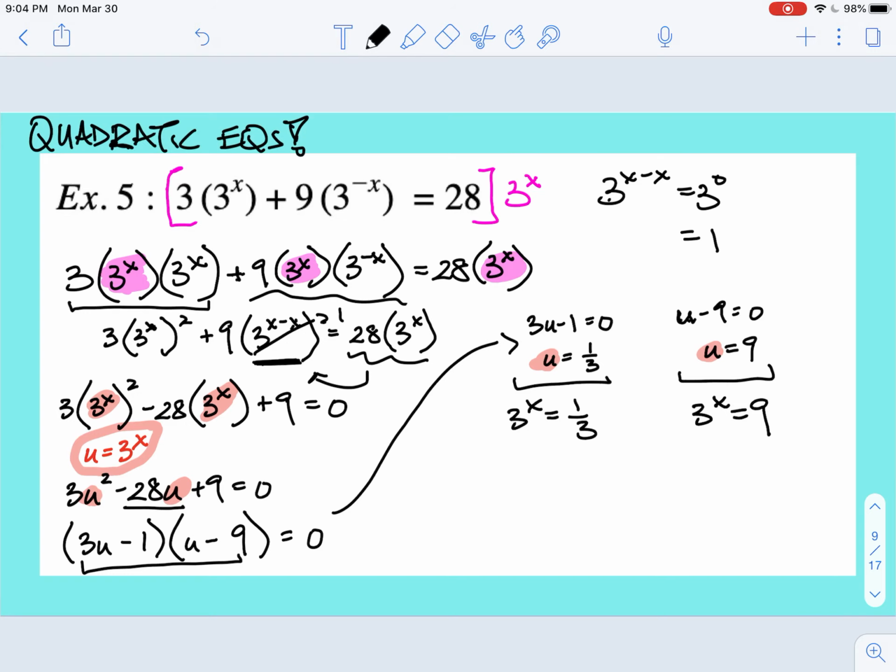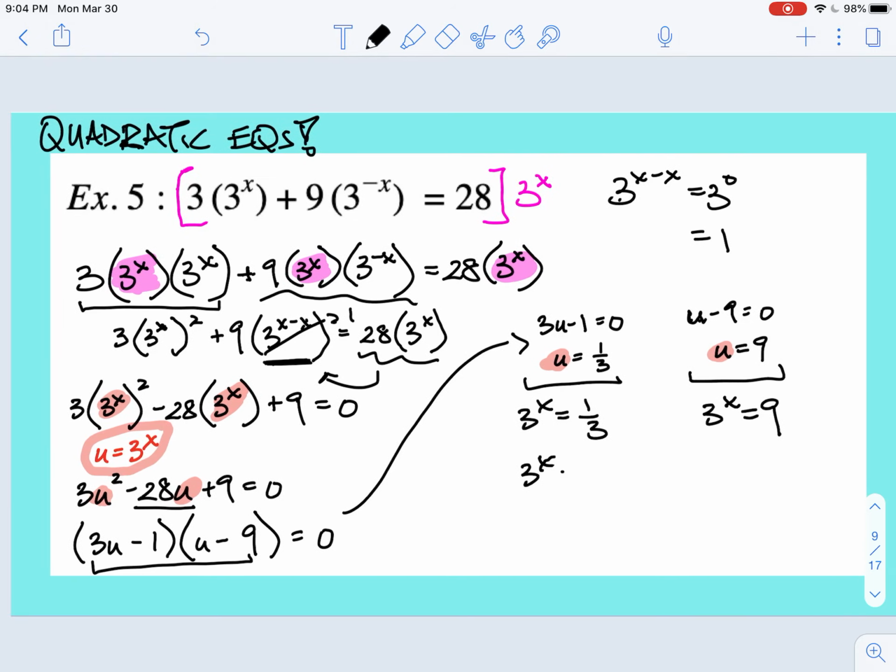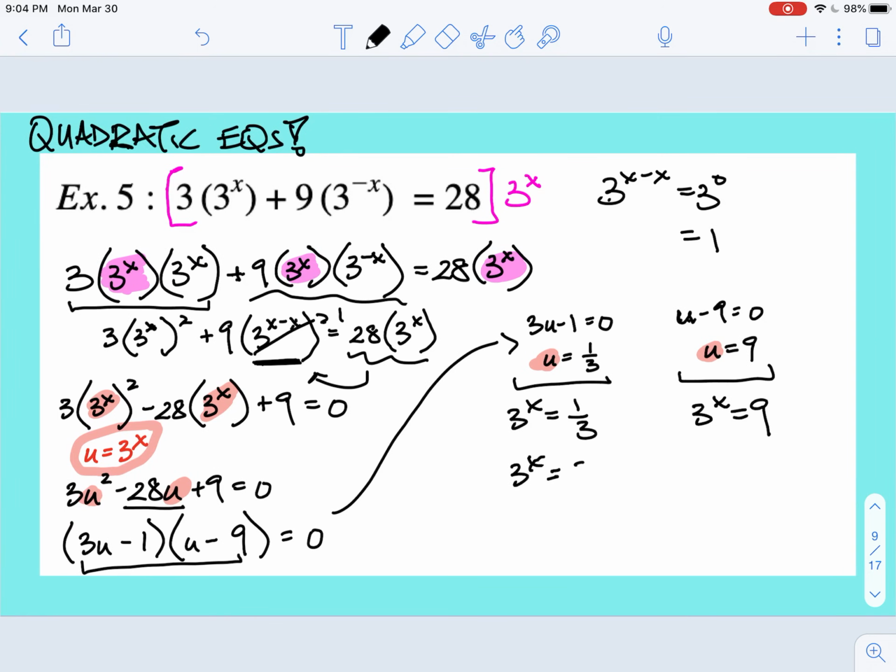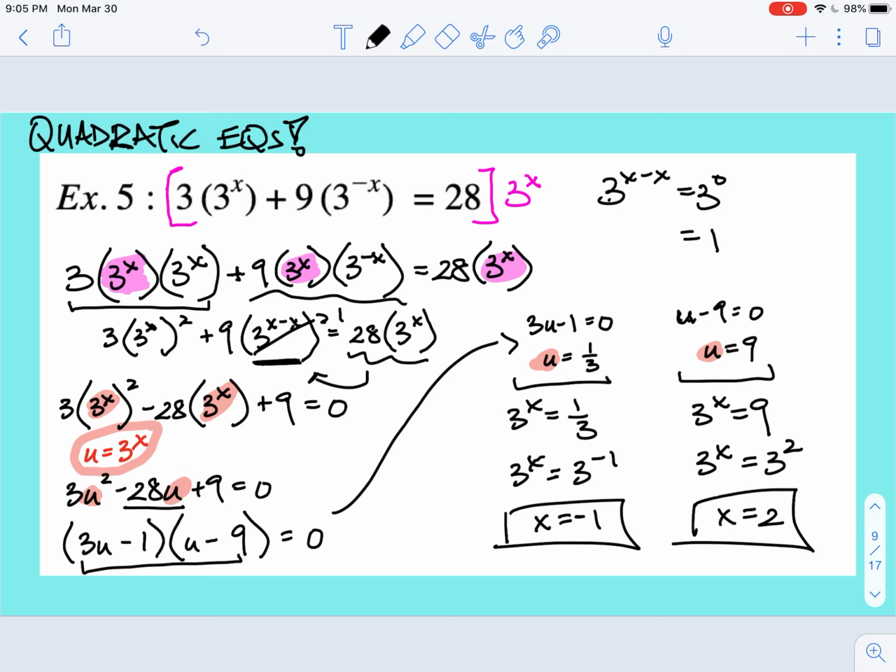And if you remember your exponents, 1/3 is really 3 to the negative 1. So I could say x equals negative 1. And over here, 3 to the x is really 3 squared, and that makes x equal to 2. All right.